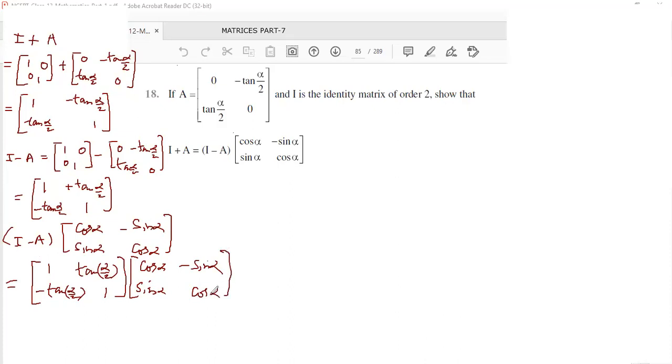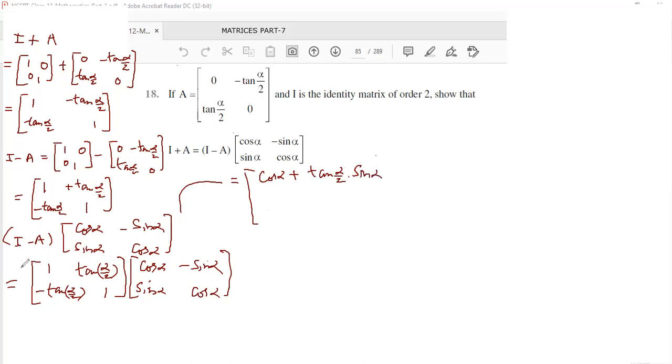So first row, first column: this will become 1 into cos alpha plus tan(alpha/2) into sin alpha. Correct? First row, first column.